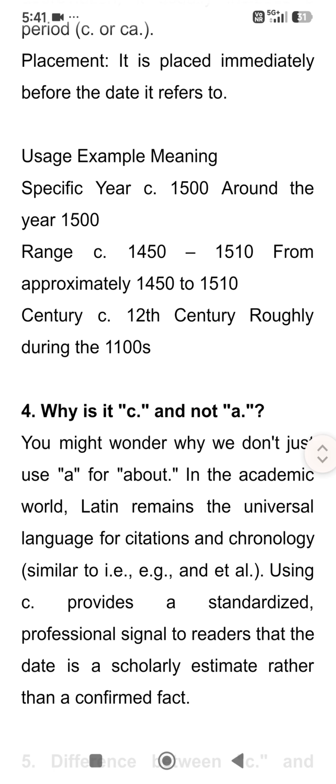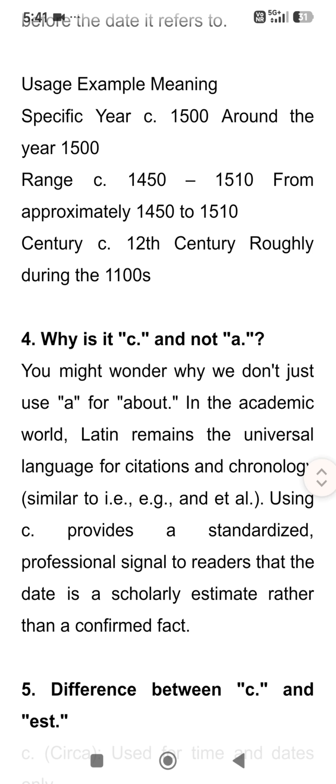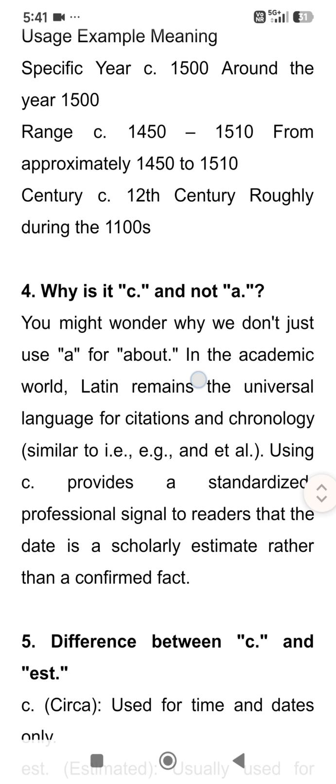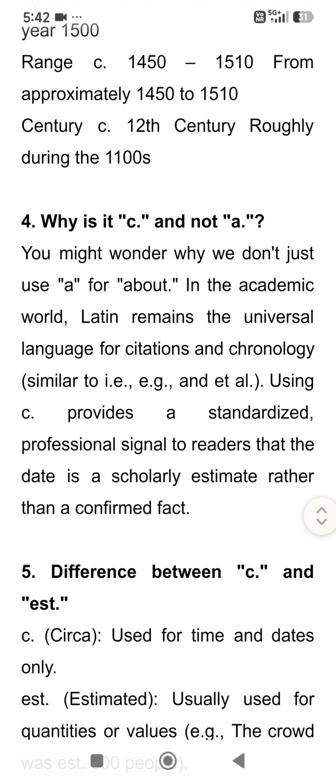Then placement: it is placed immediately before the date it refers to. Example, you can see here, a specific year: circa 1500 means around the year 1500.